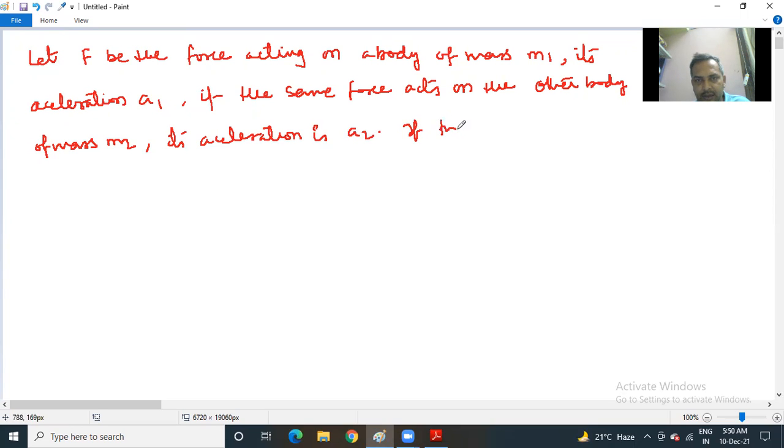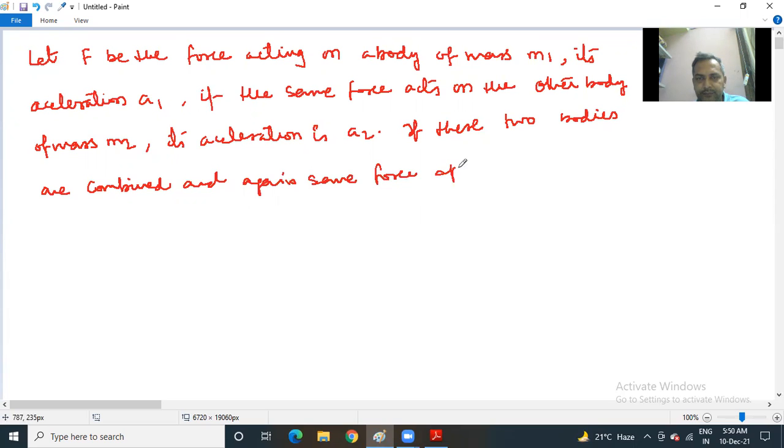If these two bodies are combined, and again the same force is applied, so the acceleration of the combined mass?